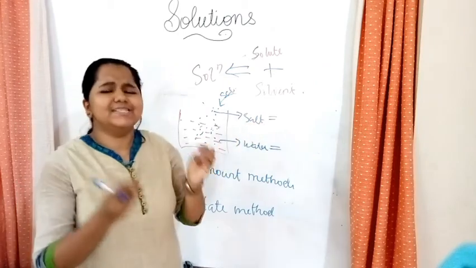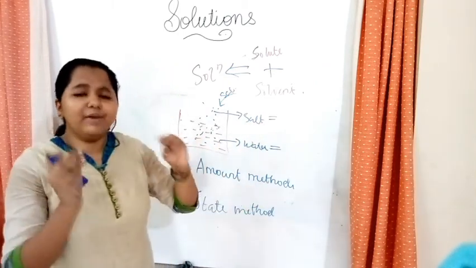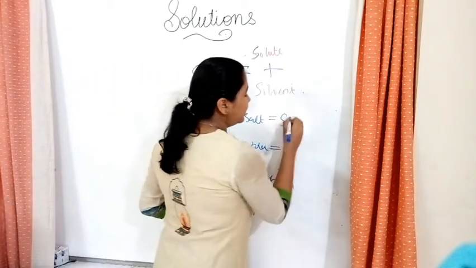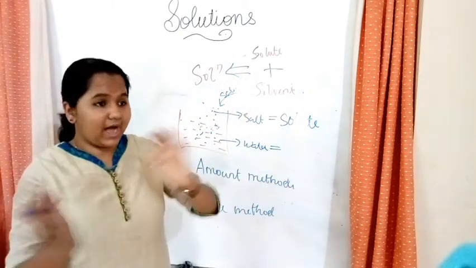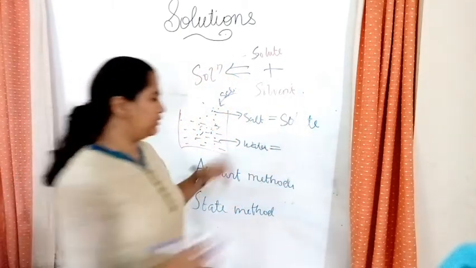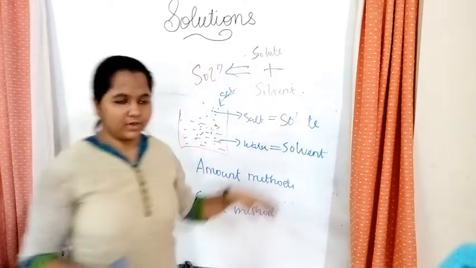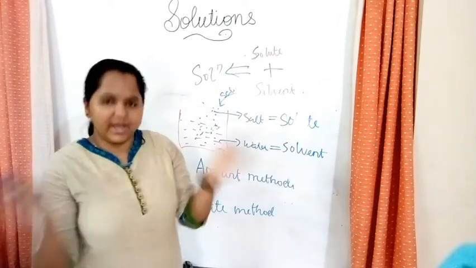Over here salt is in a very little amount, whereas water is in a huge amount. The one with the smaller amount is known as the solute. The one with the higher amount is known as the solvent. So the solute is the smaller amount, and the solvent is the higher amount.